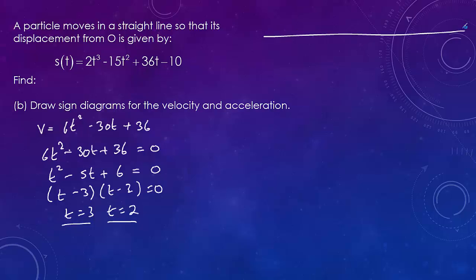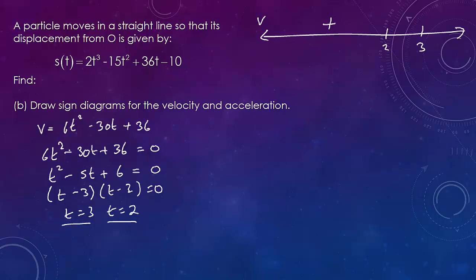So if we have the velocity up here, and here's 2 and here's 3, so let's think about to the left of the 2. So let's take a value like 0. Well, we know from before that v of 0 is 36, so it's positive there. What about trying 2.5?